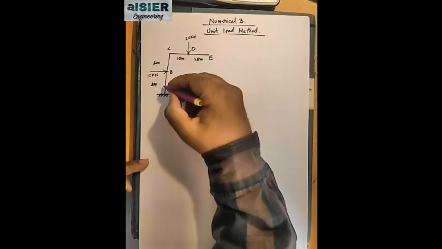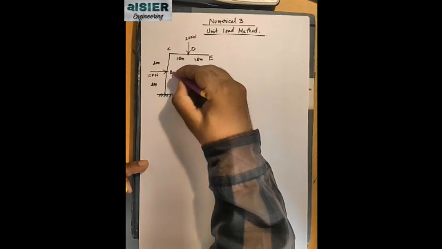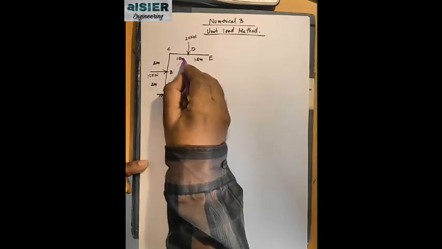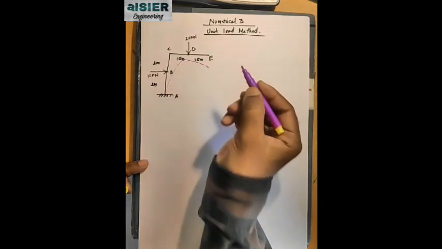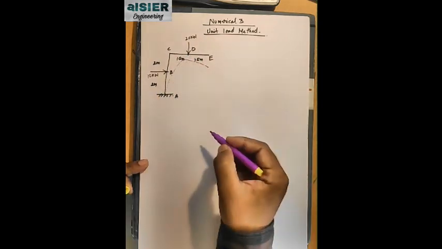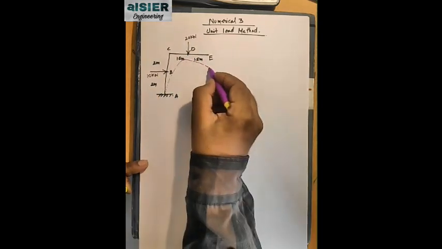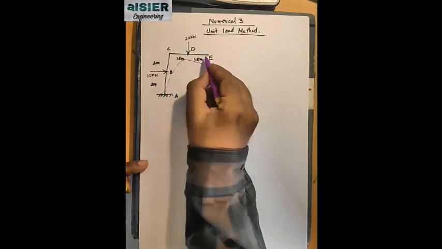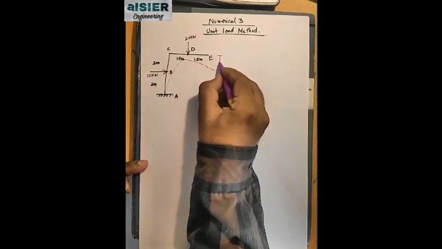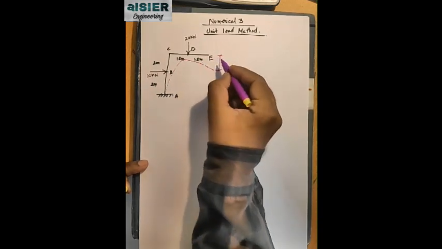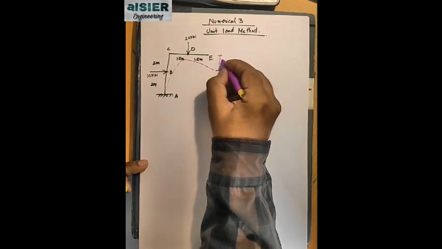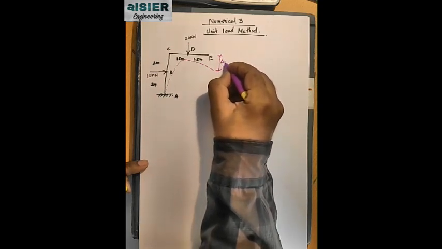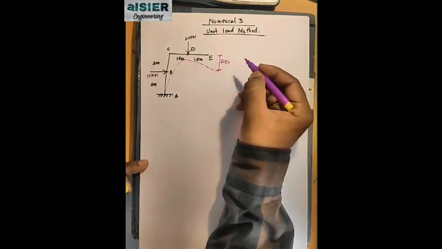Now, it is expected that this will bend like this. So this is how it is expected that there will be the deflection. From this point to this point is known as vertical deflection at point E, so we can say it as delta EV.